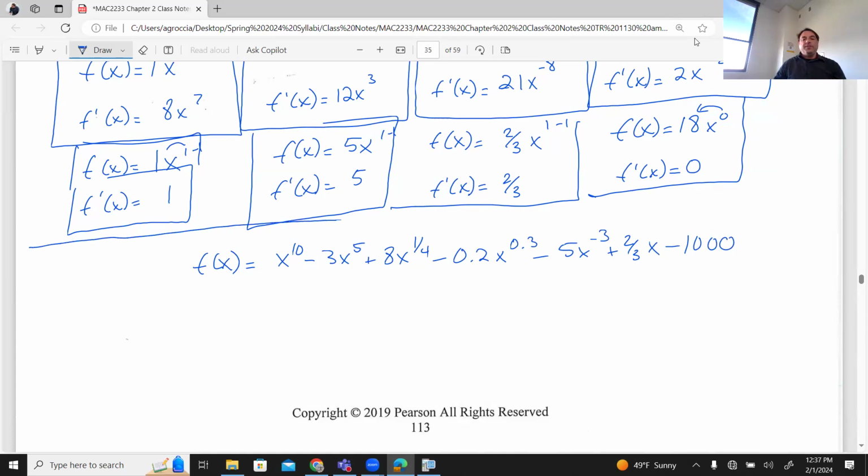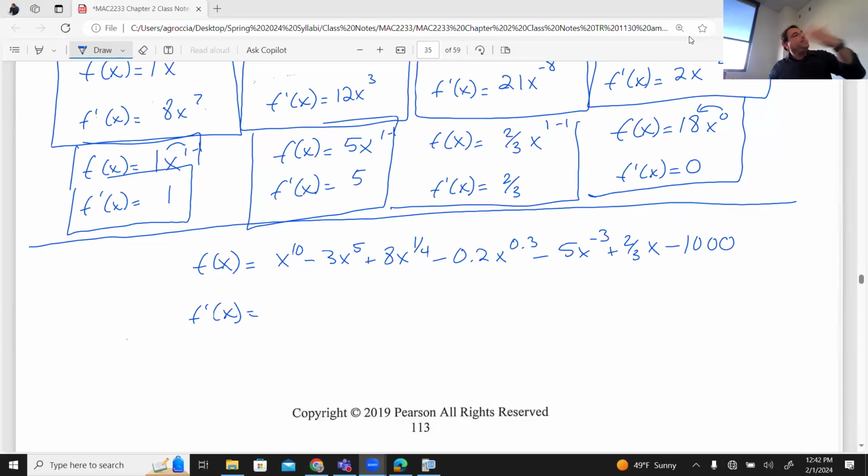Give that a try. Notice I've given you 1, 2, 3, 4, 5, 6, 7 terms. Your job is just to find the derivative of each one.